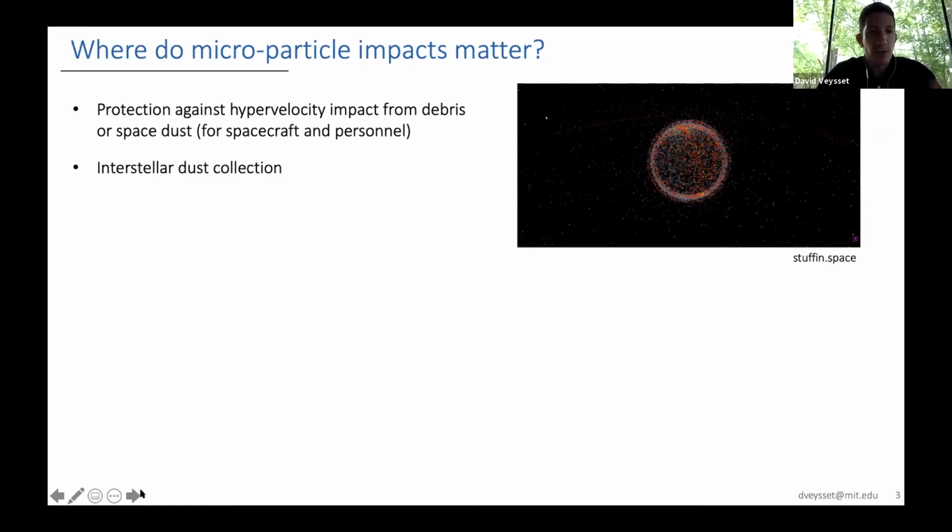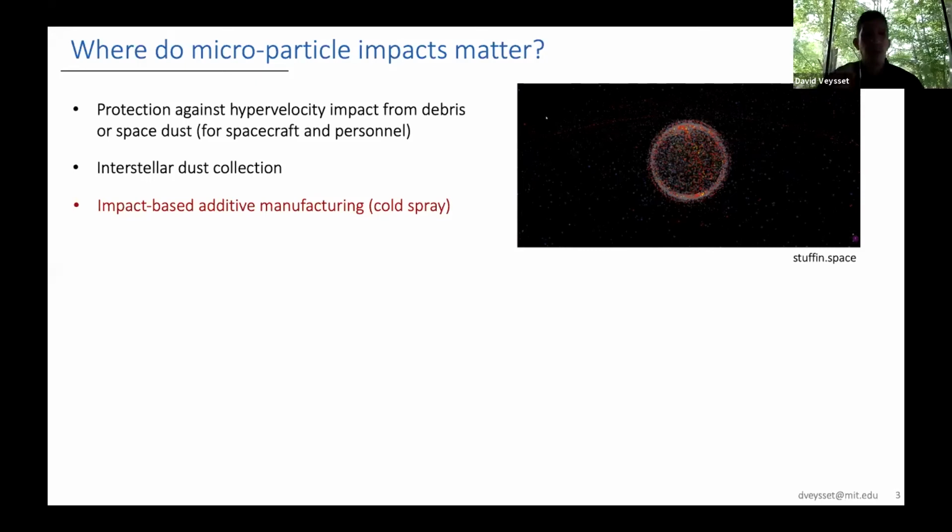Now, in our group, we're also interested in more down-to-earth applications, in particular the cold spray industry. Cold spray is an additive manufacturing method that is based on impact bonding and repeated impact bonding of microparticles or metallic powder.